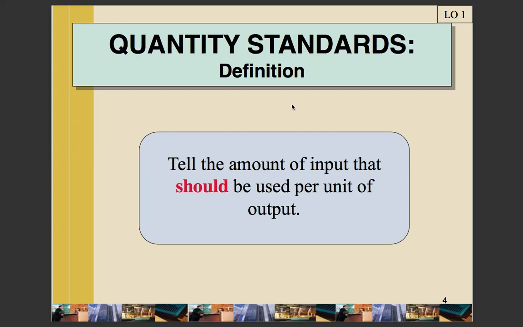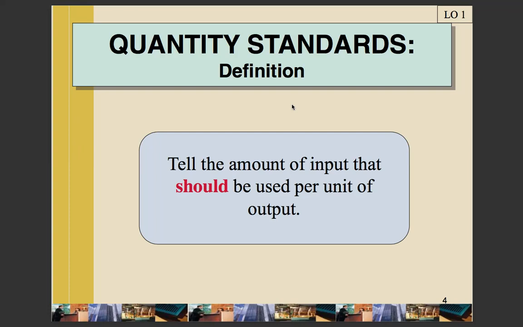And how about the price standard? For example, if a company wants to produce clothing, how much raw material do they need? How much is the quantity standard?